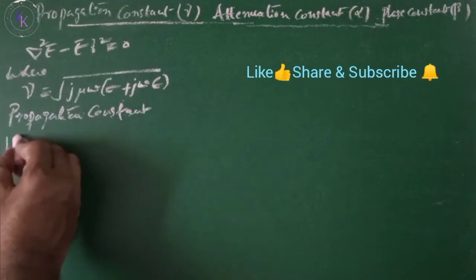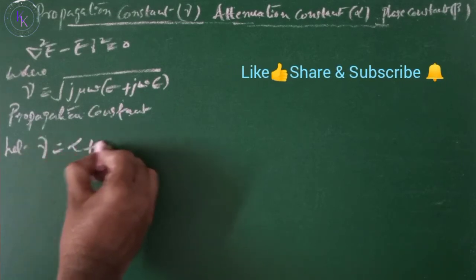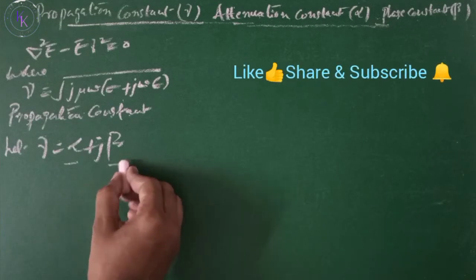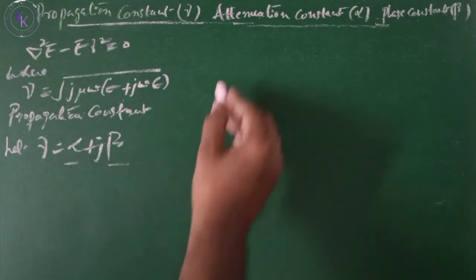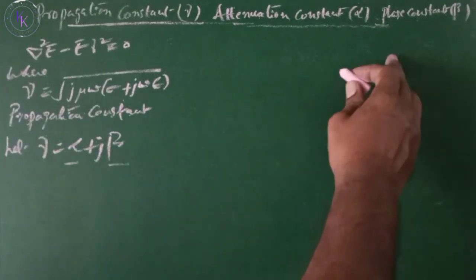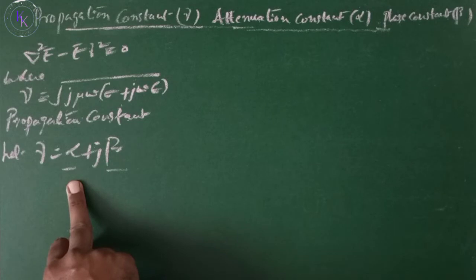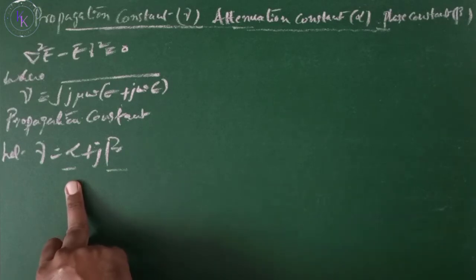Let gamma equal alpha plus j beta. That is, alpha is the real part, beta is the imaginary part. Alpha is known as attenuation constant and beta is known as phase constant, in which alpha accounts for the reduction in the amplitude of the wave as it progressively travels through the medium. Unless the medium is absolutely loss free, attenuation does occur, and as the wave progresses, there is increased reduction of amplitude.